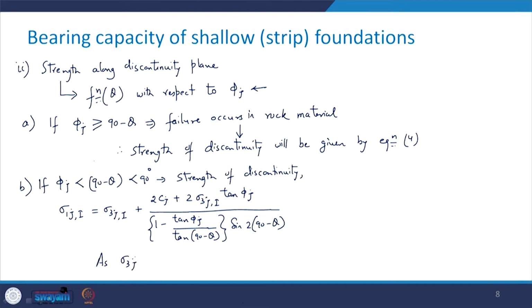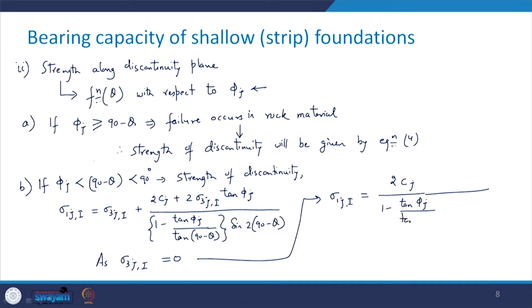Now in this case, since sigma 3j in the first zone is equal to 0, this is going to give us sigma 1j in zone 1 as 2cj divided by 1 minus tan phi j divided by tan 90 minus theta, into sine of 2 into 90 minus theta.